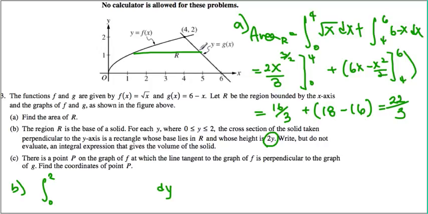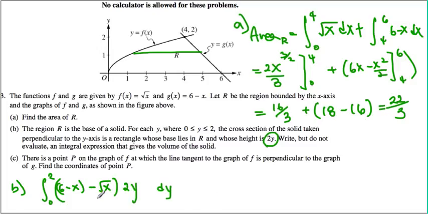How do you figure out the length of this one? This would be simply right minus left, which is g of x minus f of x. G of x was this one, so we end up getting 6 minus x minus f of x, which is square root of x. The entire thing has to be multiplied by 2y.